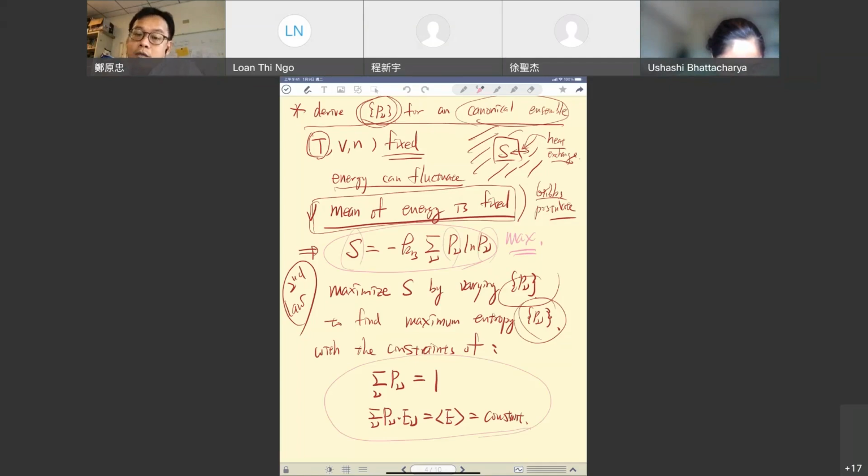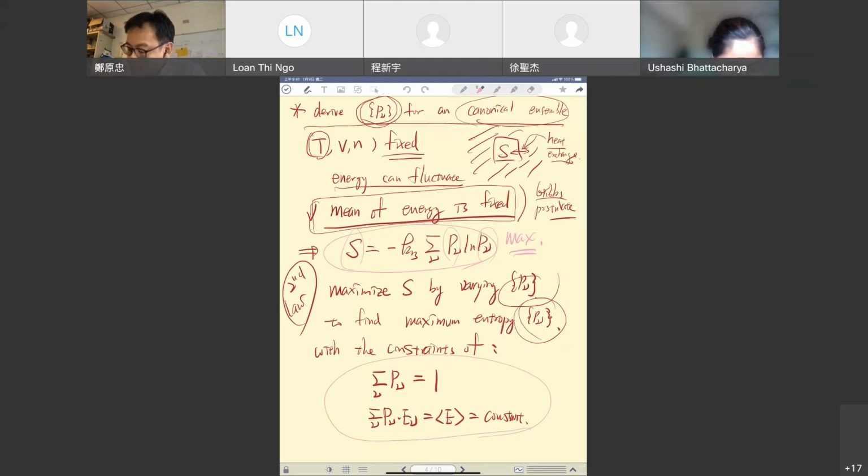And how do we do this? This can be done by using the so-called Lagrange multiplier approach.